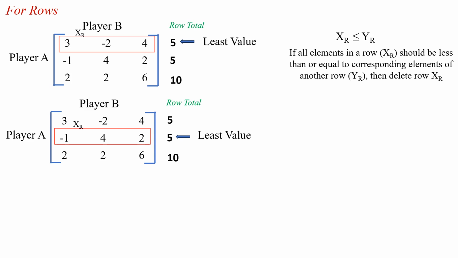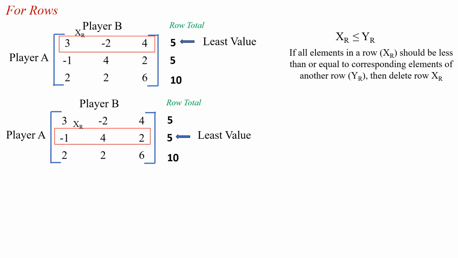So -1 is less than 2. Next we compare the second element in the second row, which is 4, with the second element in the third row, which is 2. So 4 is not less than 2. So the condition is not satisfied.